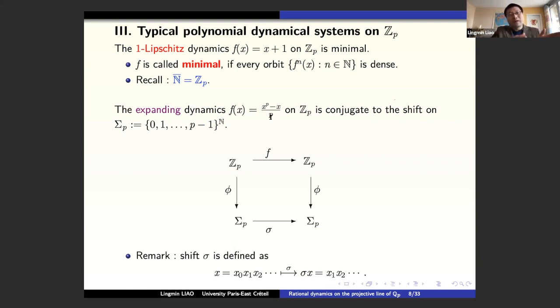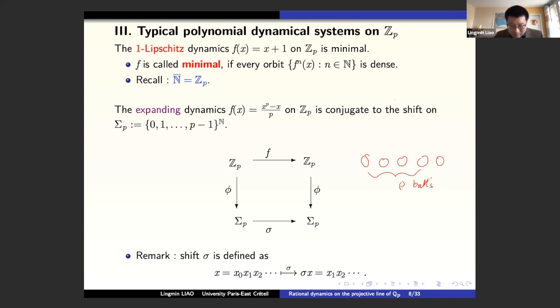Another one is expanding. If you take this polynomial divided by p, then if you calculate f(x) minus f(y), your distance will expand by p times. In this dynamics, usually we use the shift on a symbolic dynamics to describe the dynamical system. If I draw something, in Z_p you have p balls.